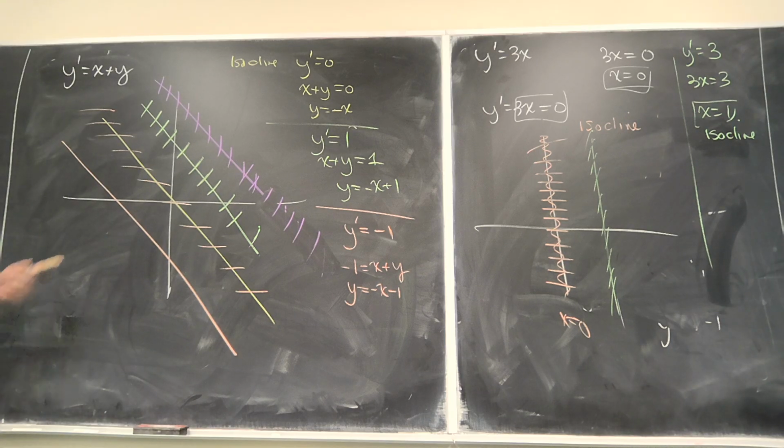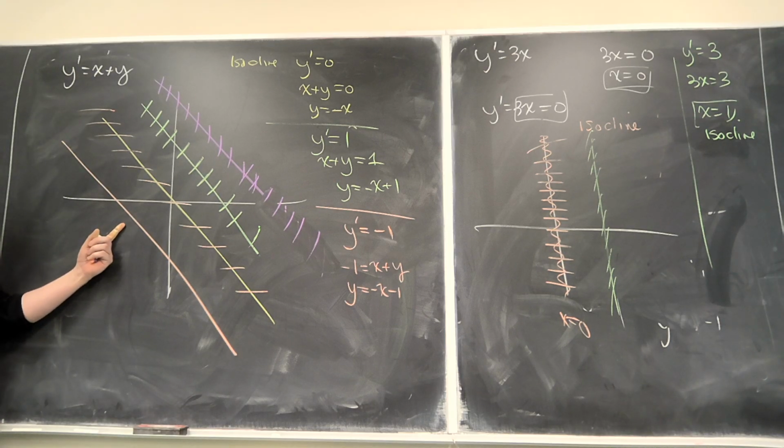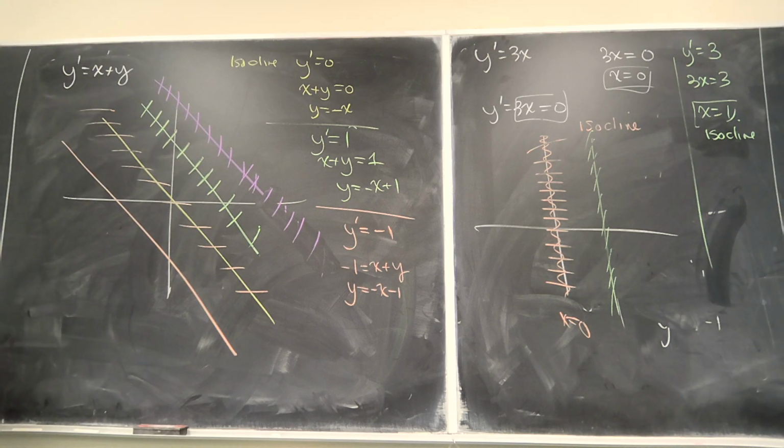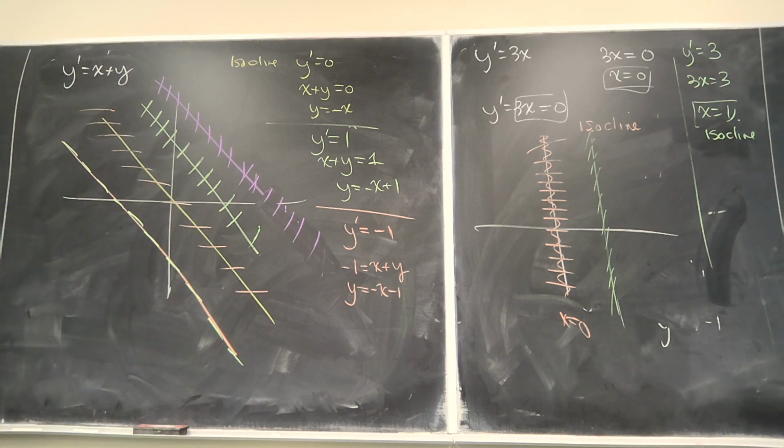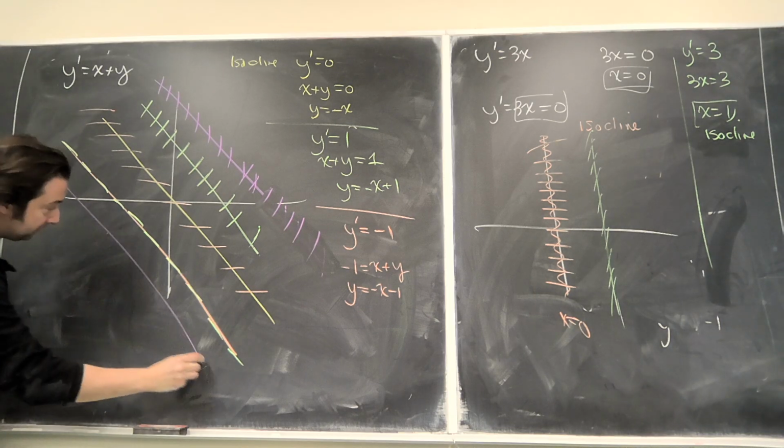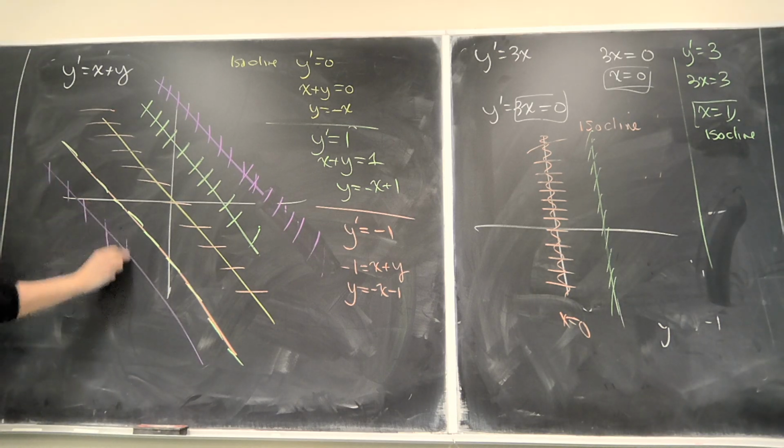If you're in that line, your rate of change keeps you in the line. Because on that particular line, aren't all the slopes -1? And if you come out the other side, this will be the line where the slopes are -2.